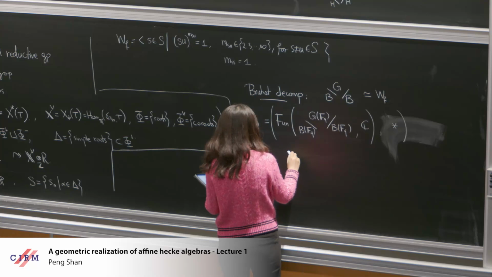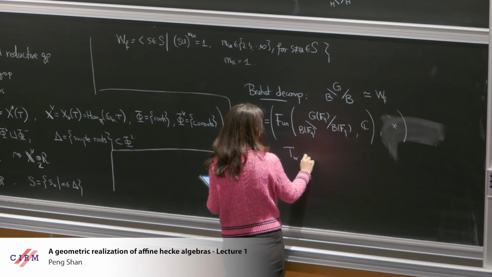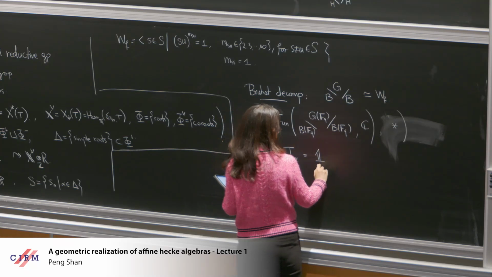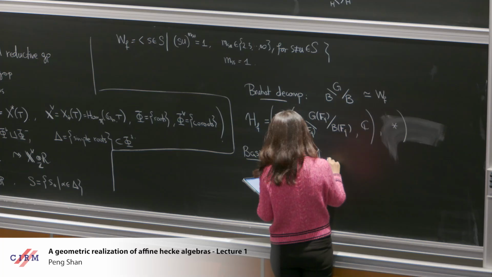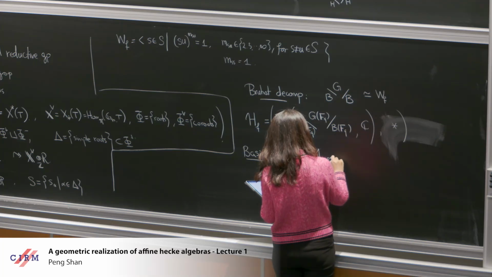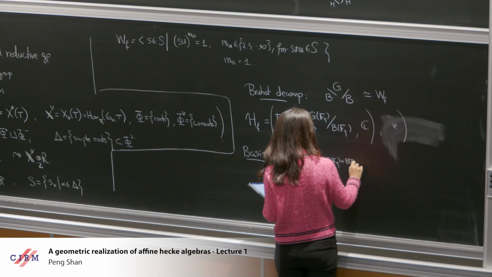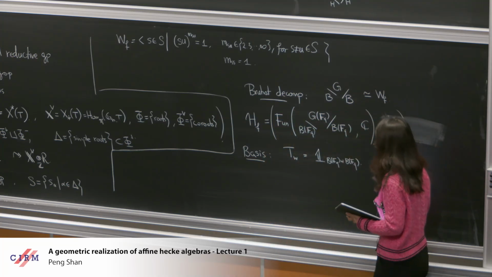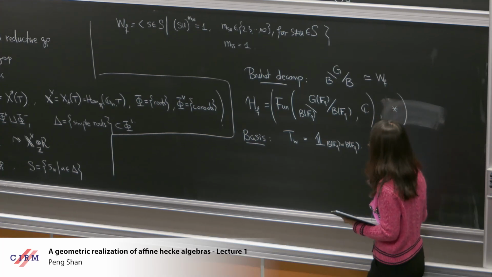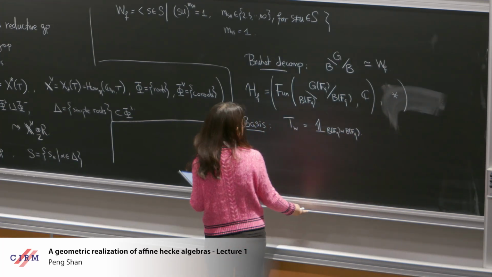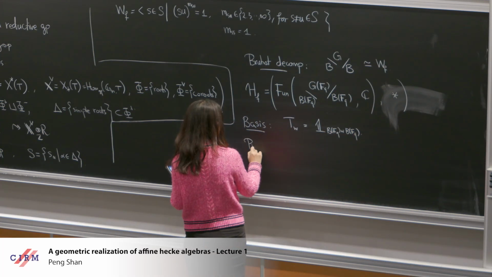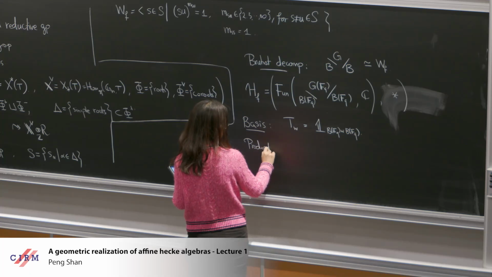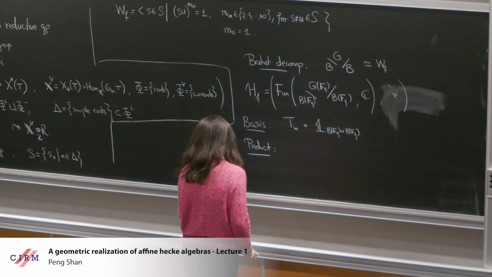So I'll write T_w to be the characteristic function on B(F_q) w B(F_q). And then you need to compute their product. So I'll just give you the answer.